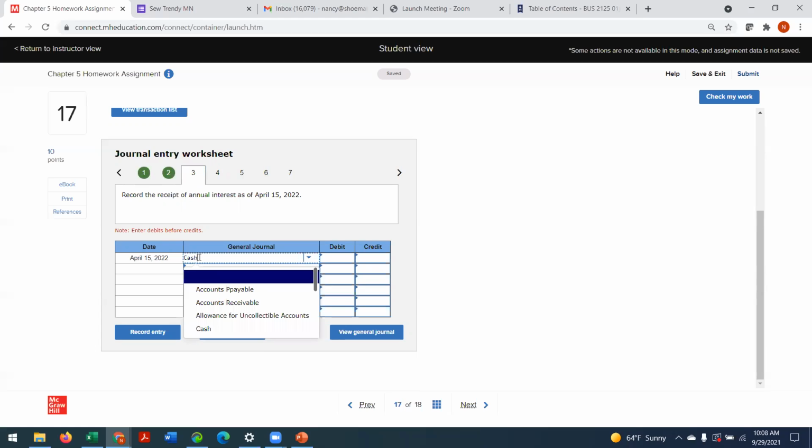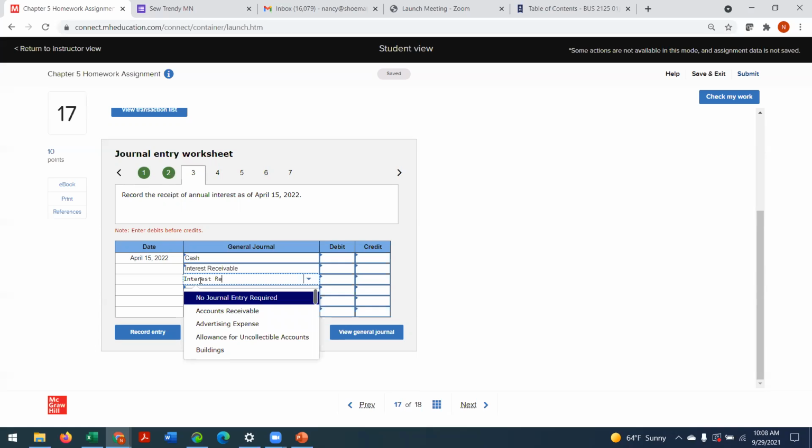So we would show our cash. We would need to show a credit to interest receivable from the amount that was accrued at the end of the year. And then we would want to show our interest revenue for 3.5 months of 2022.